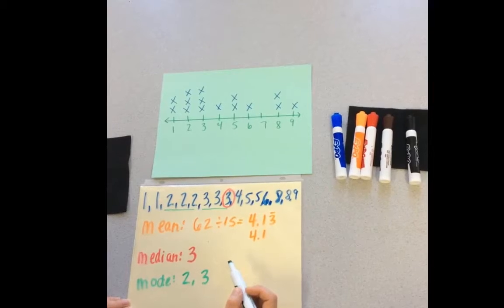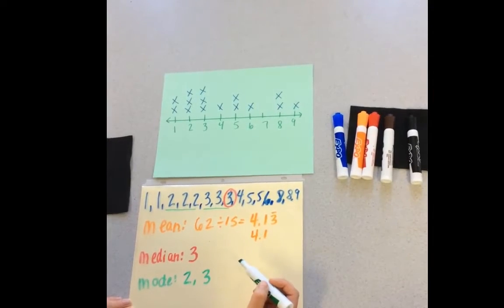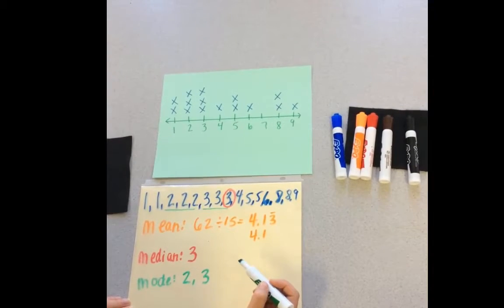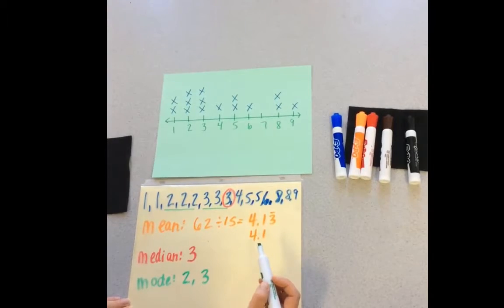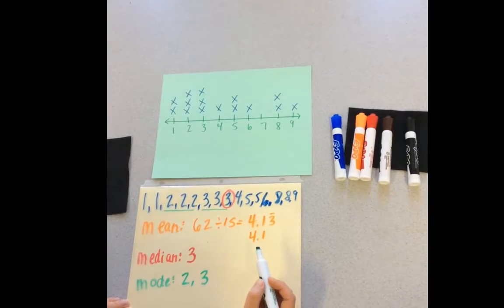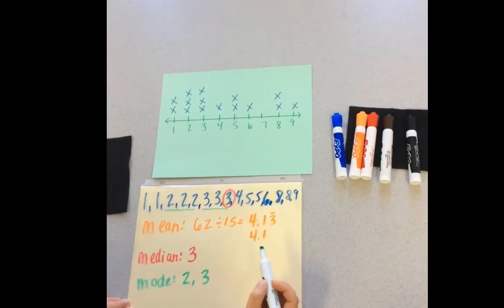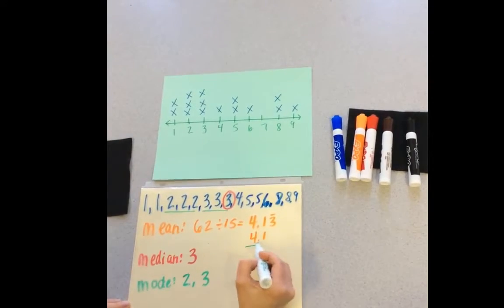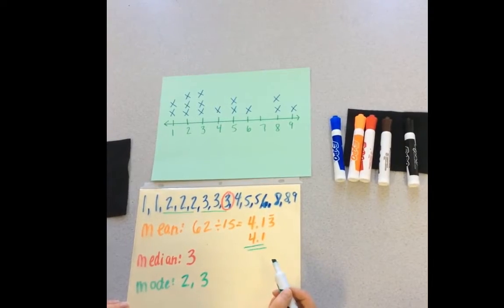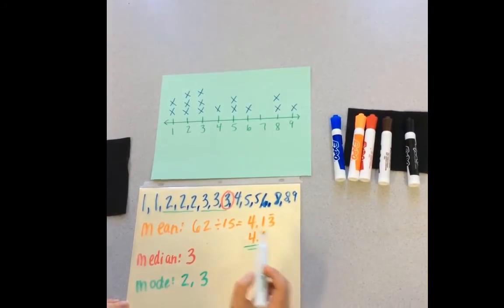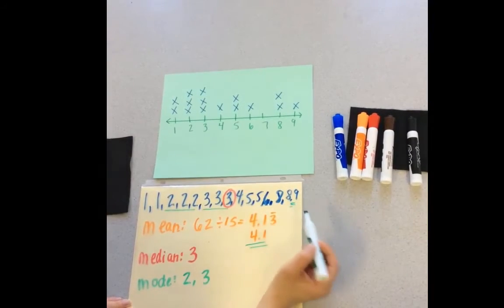Now, let's go back to our question and see what it actually asks. Which is the best measure of central tendency that represents this data? Well, it's sort of hard to say here, but if we look at the data, what do we see? Well, the mean seems to be a little bit bigger than 4. So that's not so great because someone spoke for 9 hours and kind of pulled up the mean.